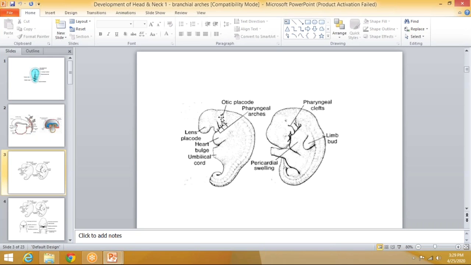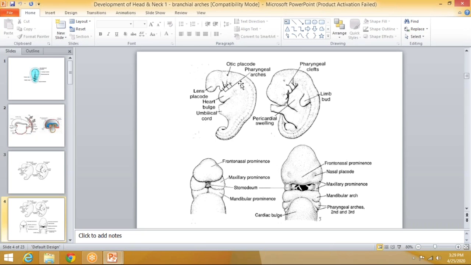This is the otic placode. This is your cardiac prominence or bulge for the heart development. These are the pharyngeal arches which develop in the floor of the mouth. So these are the pharyngeal prominences. These are the 5 mesenchymal swellings around the future mouth or stomatodeum we have discussed just now.